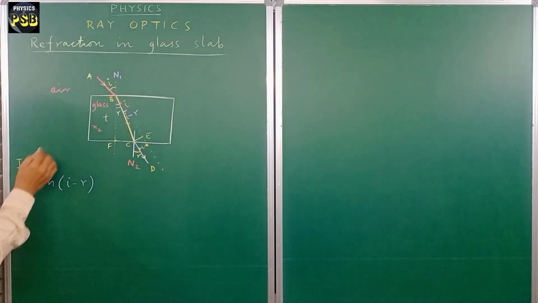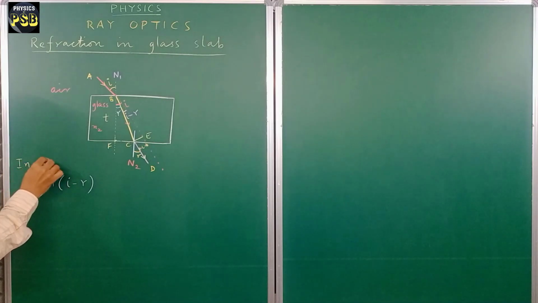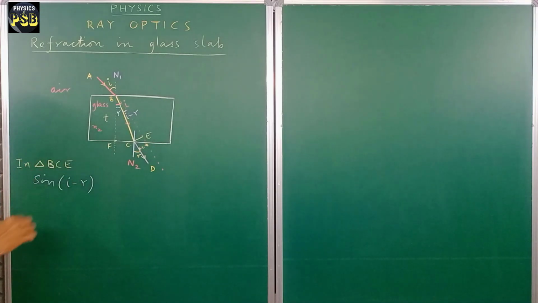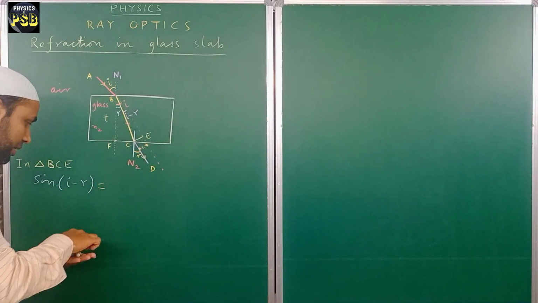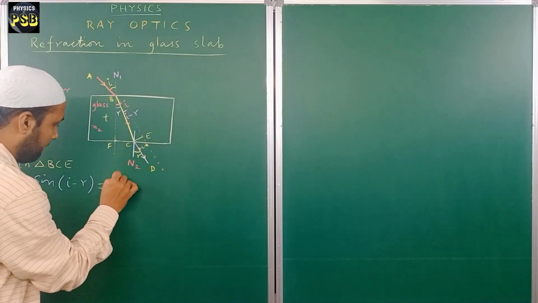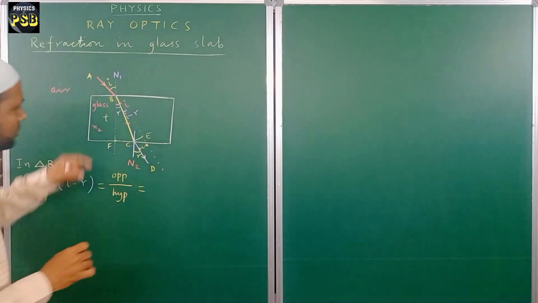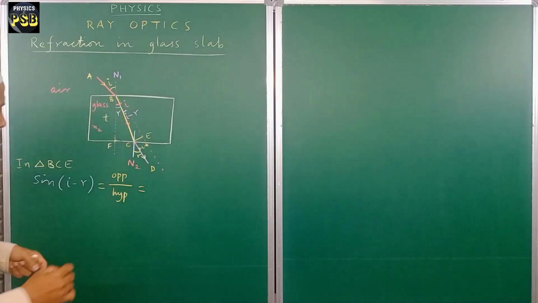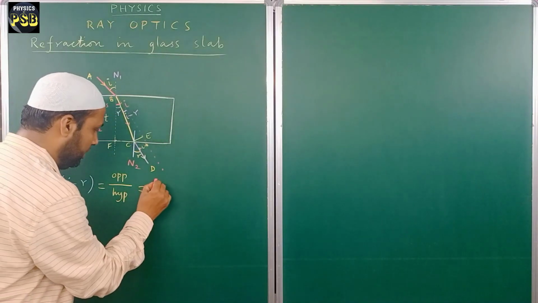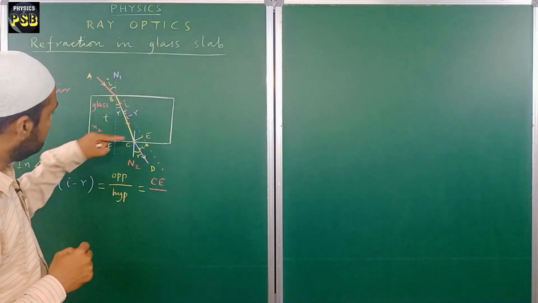In right angle triangle BCE, sine of angle I minus R is obtained as opposite side divided by hypotenuse. Okay, what is opposite here? Opposite to I minus R is nothing but CE. CE divided by hypotenuse.